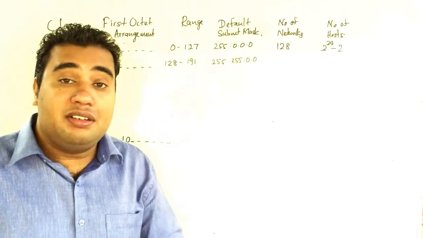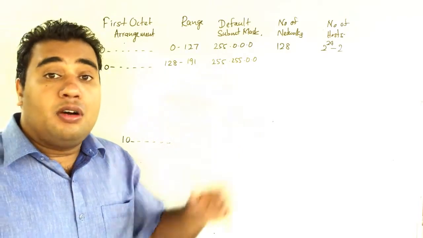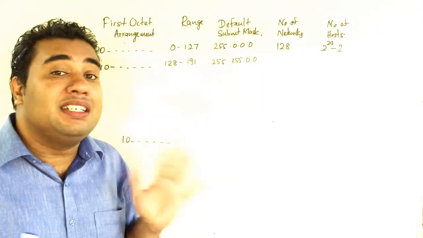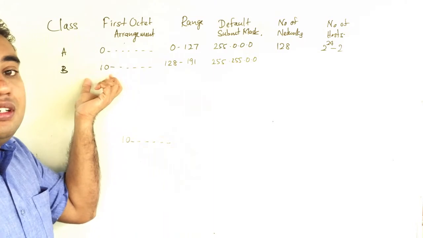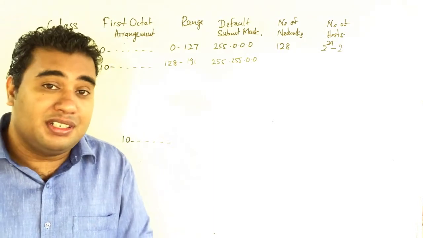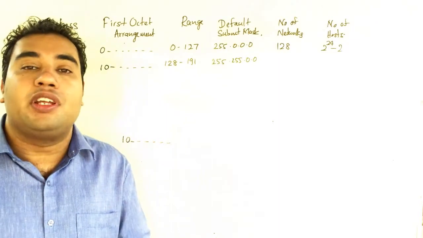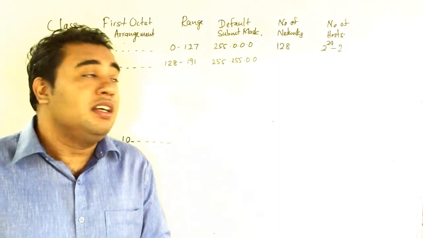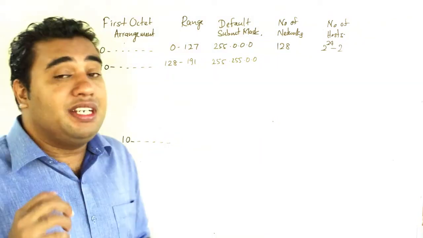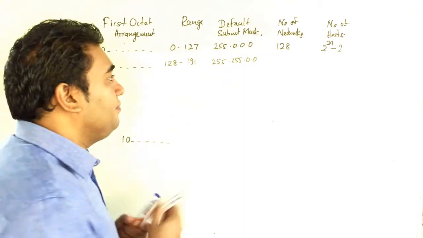So how many different networks can we create? There are altogether 16 bits in the network portion, but the first 2 bits are a constant, 1 and 0, which cannot be changed. The remaining 14 bits you can change to create different network addresses. So how many different networks can you create? 2 to the power 14.